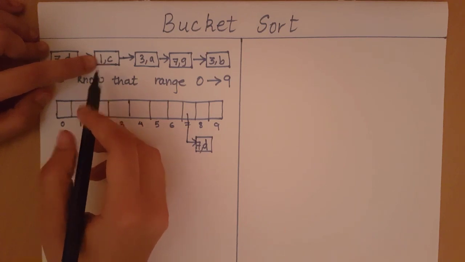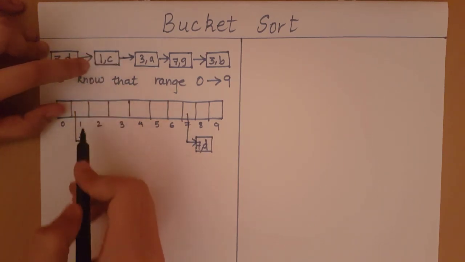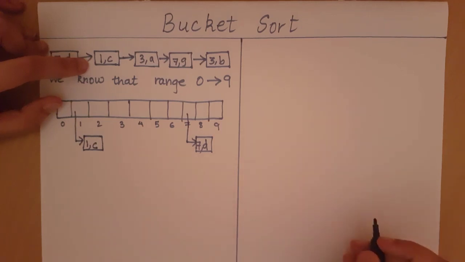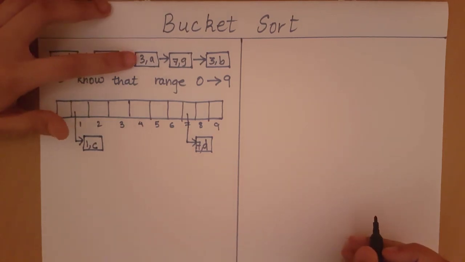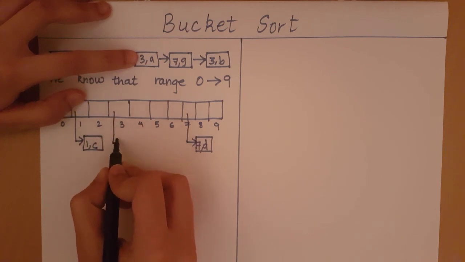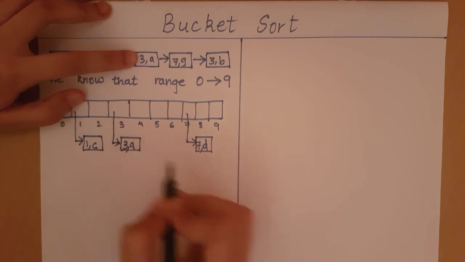Since the number is 1, I will create a linked list at index 1 pointing to the node 1C. Now I will go to 3A. At position 3 I will start the linked list with element 3A.